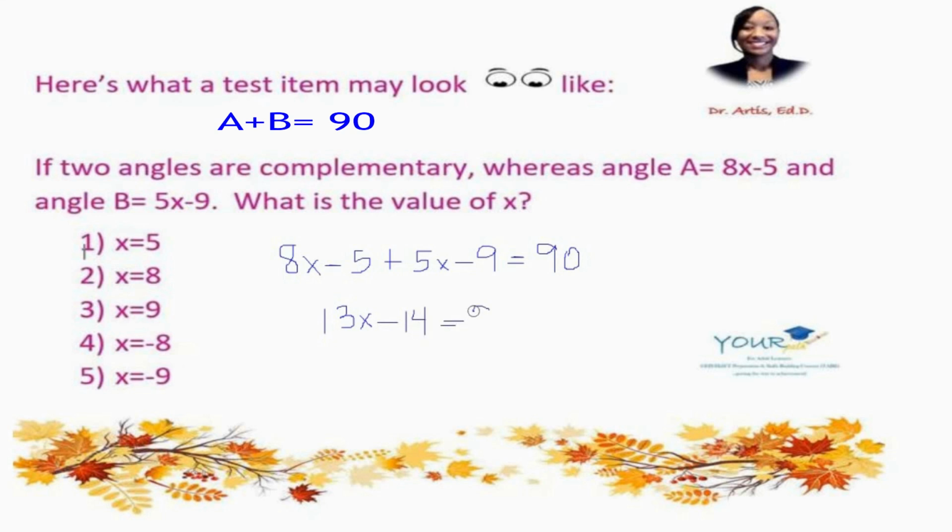And all of this will equal to 90. So we're just going to bring down our value of 90. And so now we need to solve for x. We're going to add 14 on both sides of our equation, which will allow us to then cross out 14 on our left side of the equation.